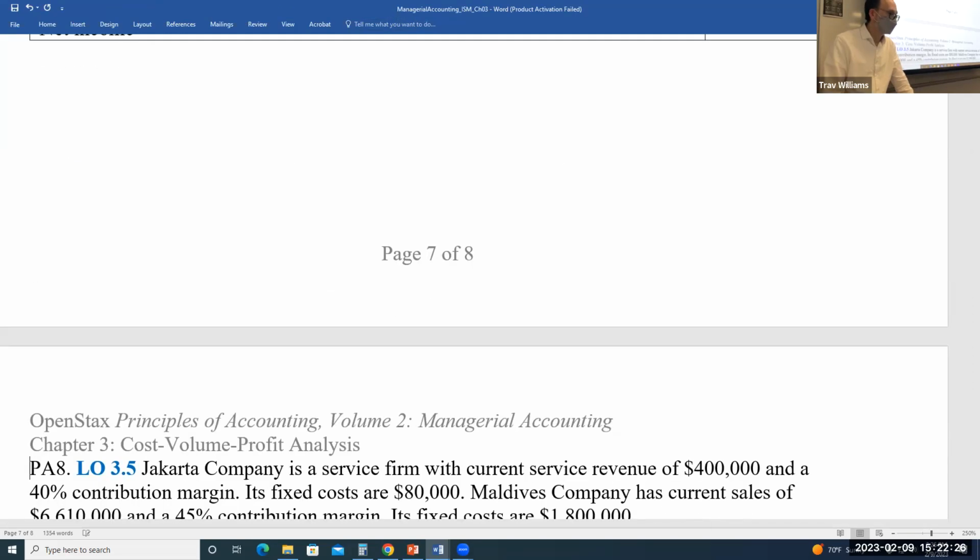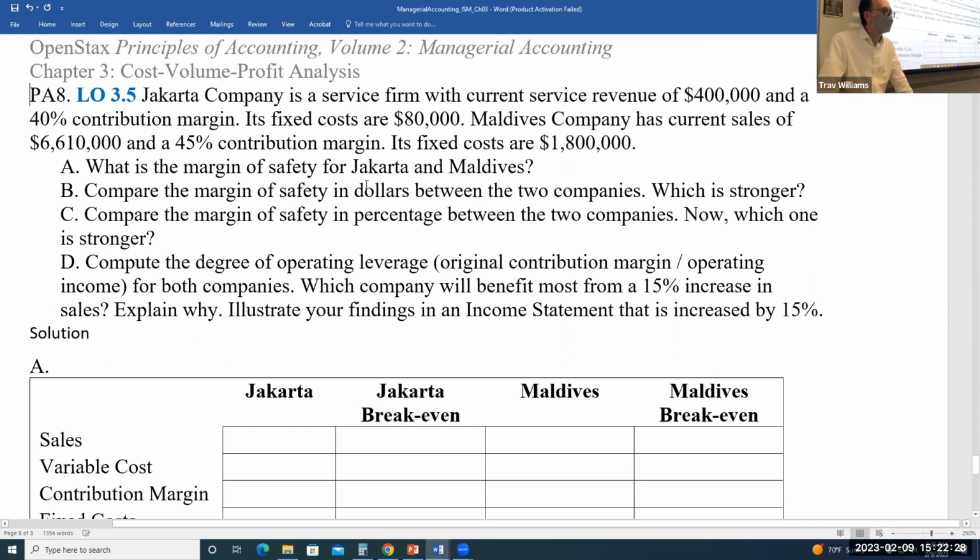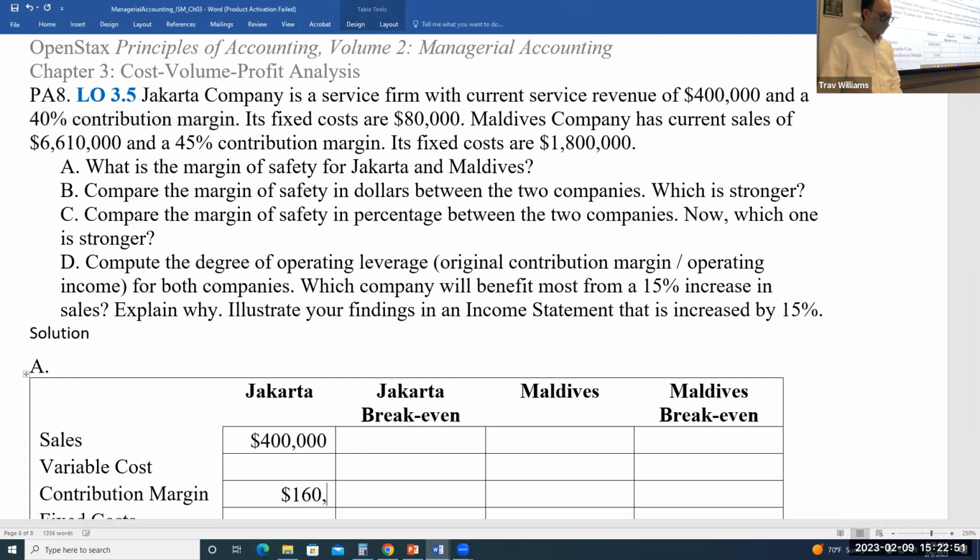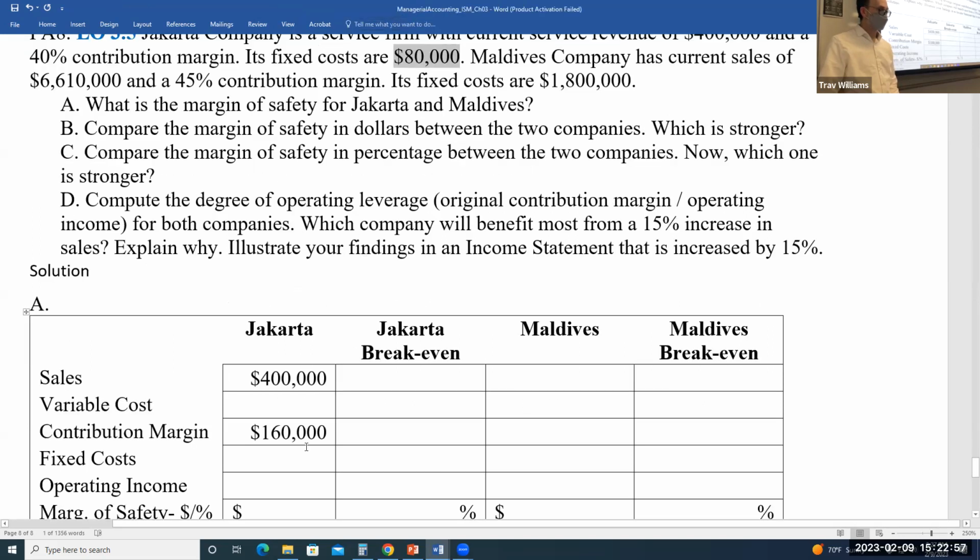Okay, we've got 2 companies here for problem 8, Jakarta and Maldives. So Jakarta has revenue of 400,000. They have a 40% contribution margin. So 40% of 400,000 should be 160,000, right? And they have fixed costs of 80,000.